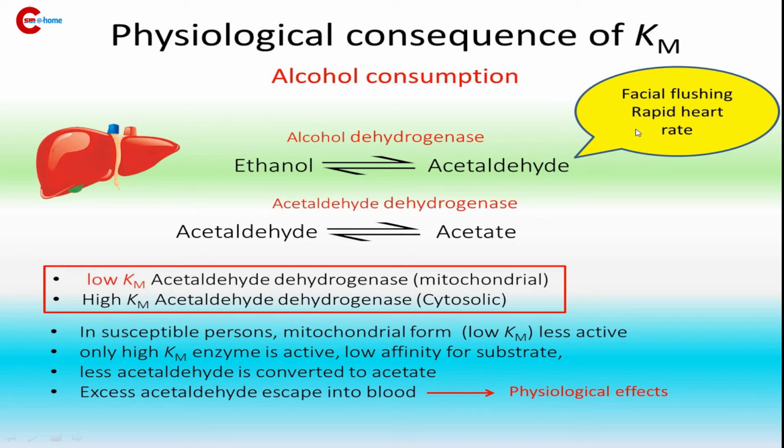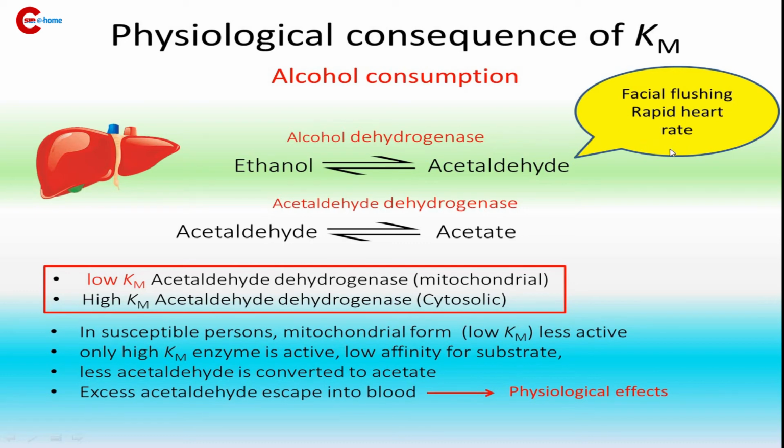We can study. In the liver, ethanol is converted into acetaldehyde with the help of which enzyme? Alcohol dehydrogenase. And if this acetaldehyde is in excess, it causes symptoms like facial flushing and rapid heart rate.